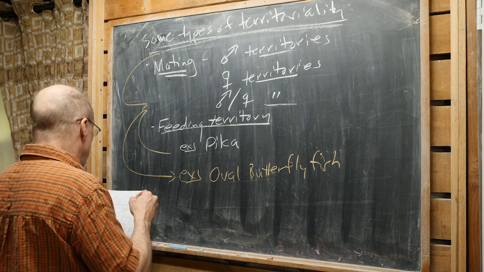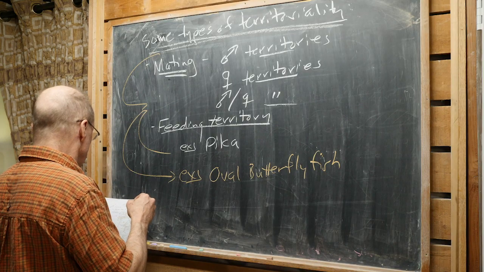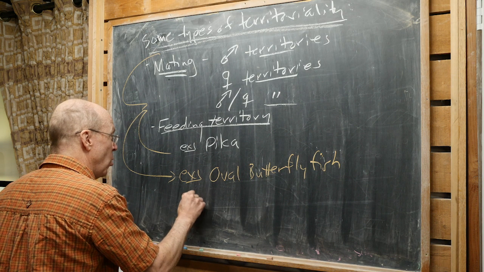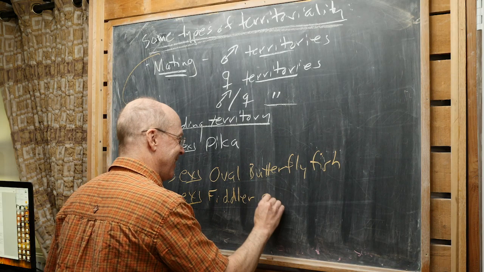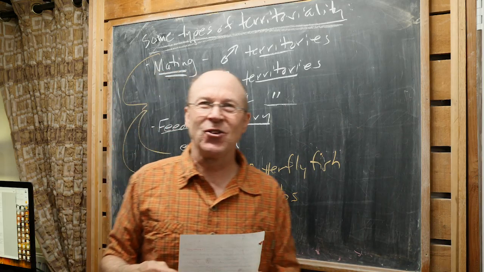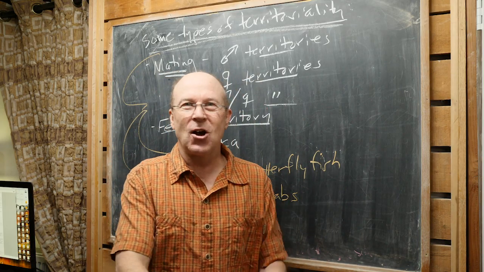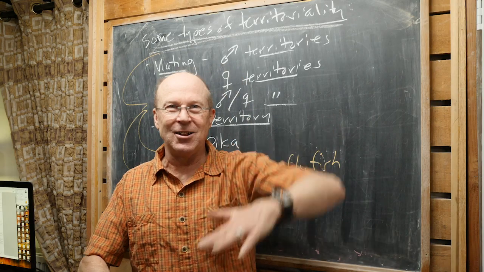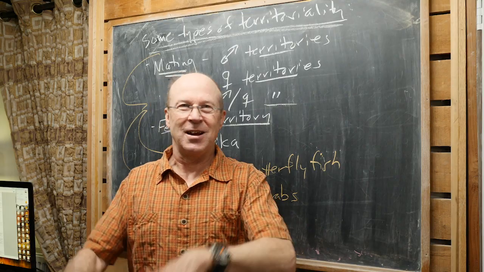Another great example of this could be the fiddler crab. Fiddler crabs are amazing animals. If you've ever seen them, of course, we're basically talking beach here. We're talking tidal influences: low tide, lots of fiddler crab action, high tide not.